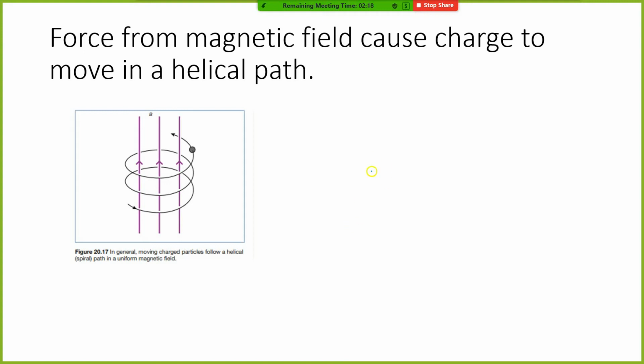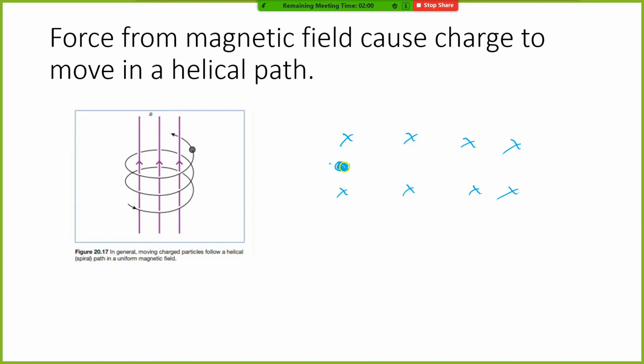So it's almost like this. Imagine that we have the magnetic field like this, and the charge is here.